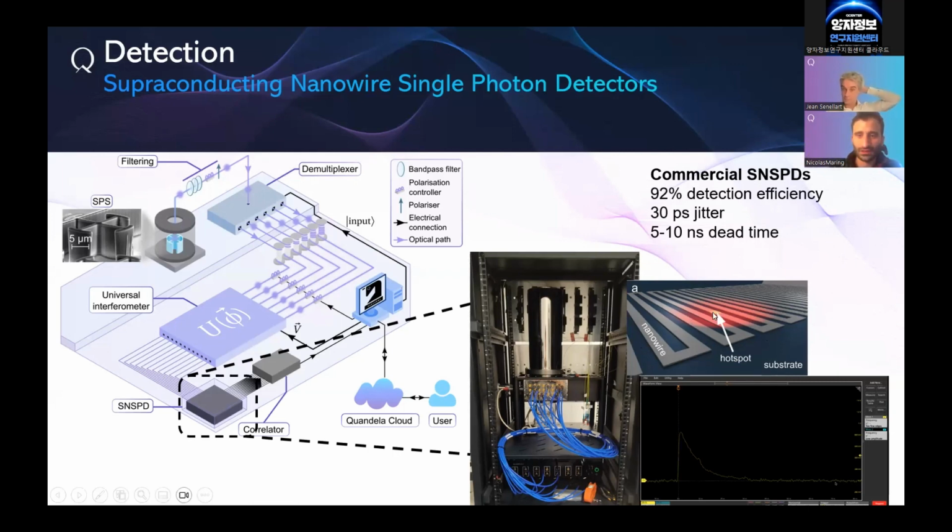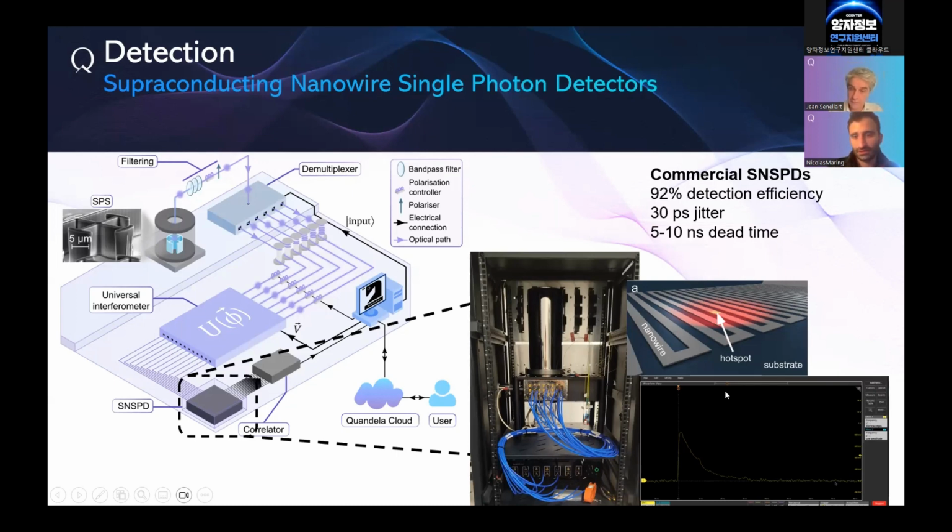The idea here is that if a photon is absorbed by this nanowire, you will get a hotspot formation, and this nanowire will become resistive. What you have is a peak of voltage that you can actually detect, going from zero resistivity to high resistivity.